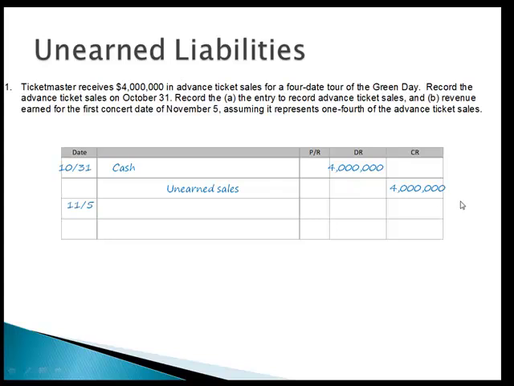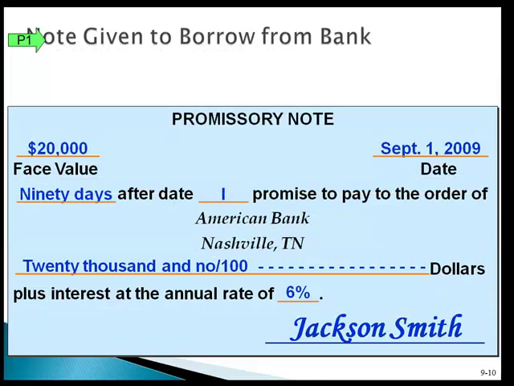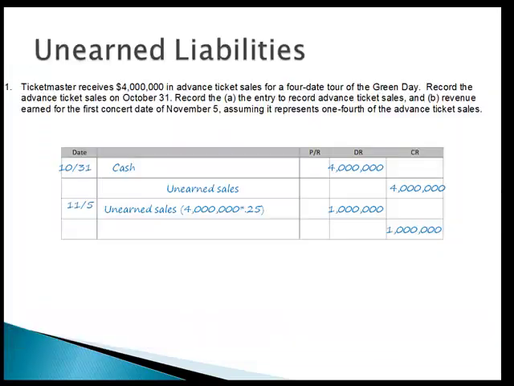We need to close out 1/4 of this liability. So the debit to the liability shows that we're reducing this account by 1/4. And then our credit entry would be to sales for $1 million.